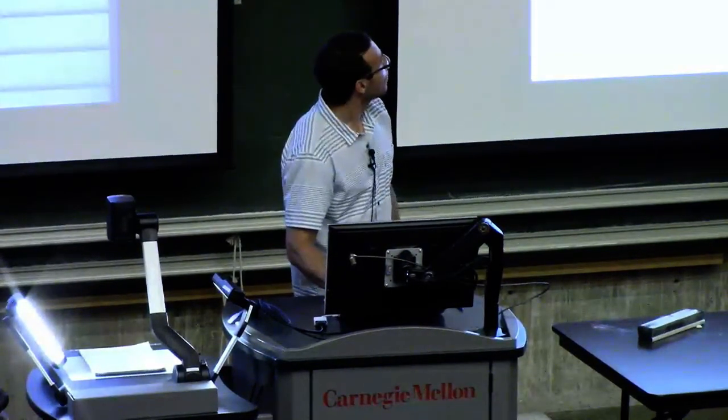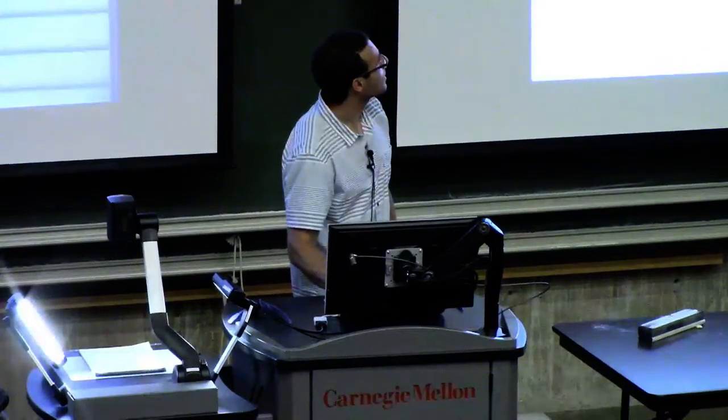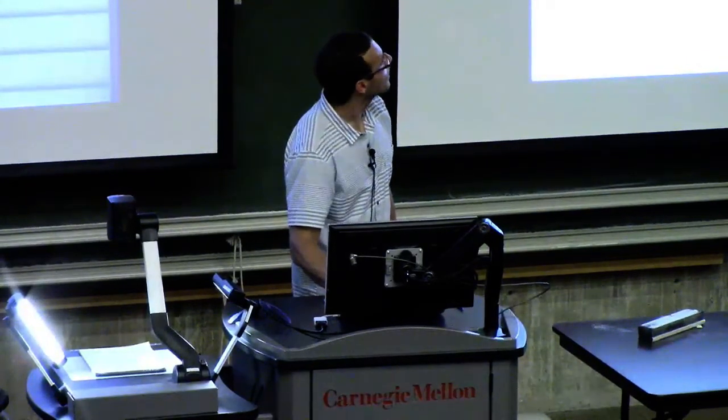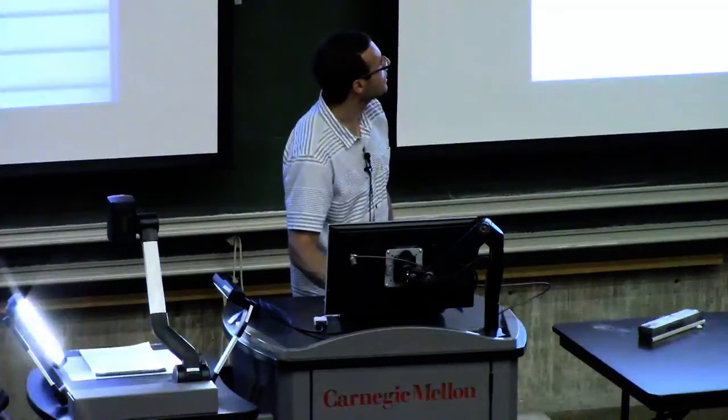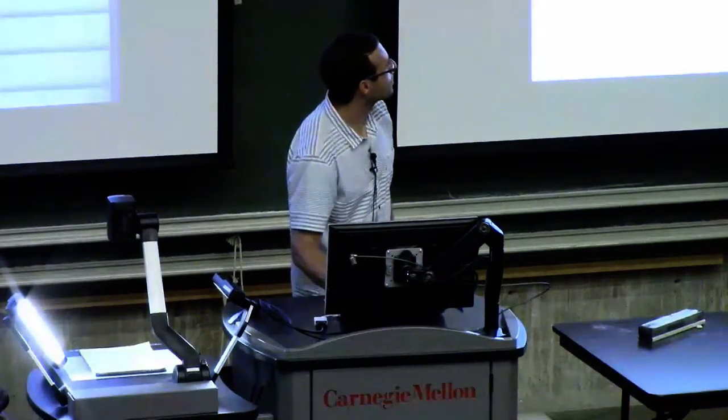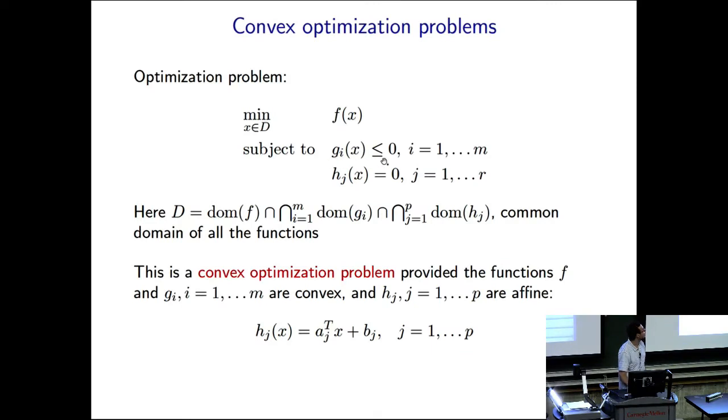I'm going to minimize over all points x in some set D, the criterion f of x, subject to these constraints: g_i of x is less than or equal to 0 for a bunch of different i's, and h_j of x is equal to 0 for a bunch of different j's.